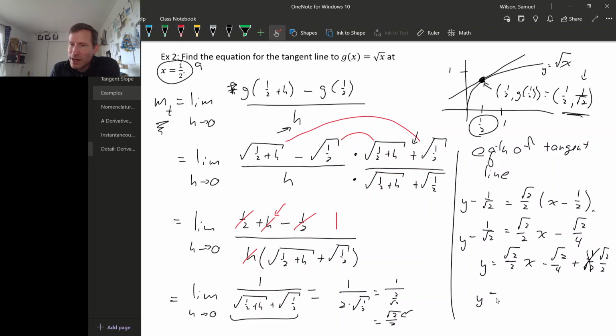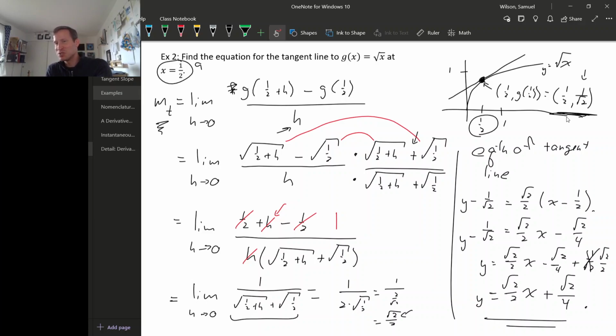So this is y equals root 2 over 2 times x, and then minus root 2 over 4 plus root 2 over 2. That's plus root 2 over 4. So there's the equation of our tangent line. Of course, finding the point for this equation was the easy part. It's finding the slope for this tangent line that's the tricky part, because we have to calculate this limit.